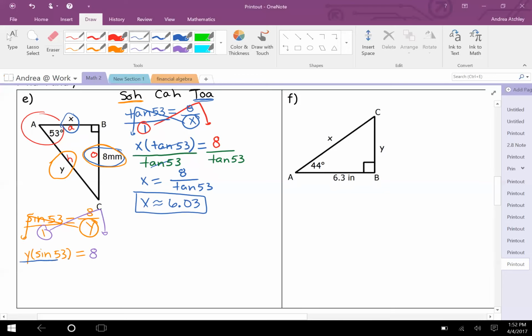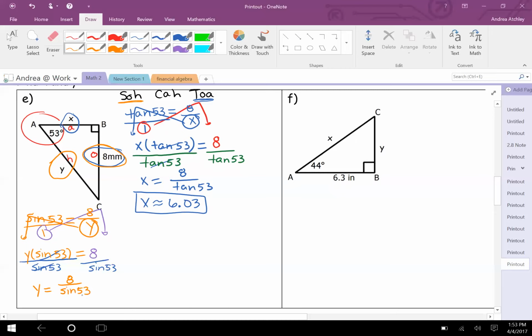We want to get the y by itself, so we're going to divide by the sine of 53. This will cancel out. And I'll get y equals 8 divided by the sine of 53.